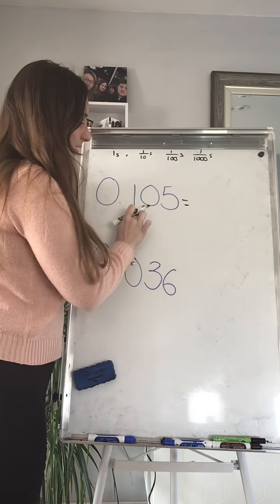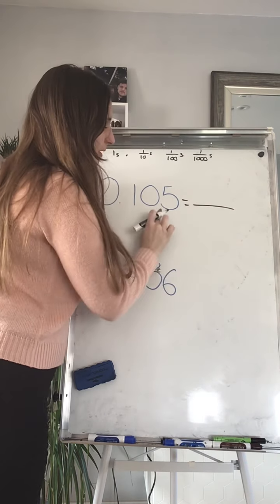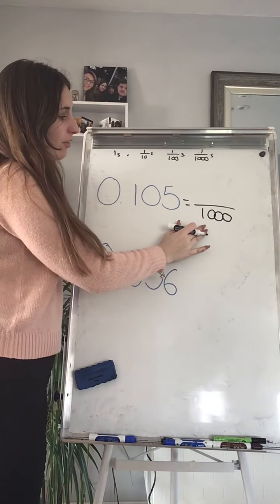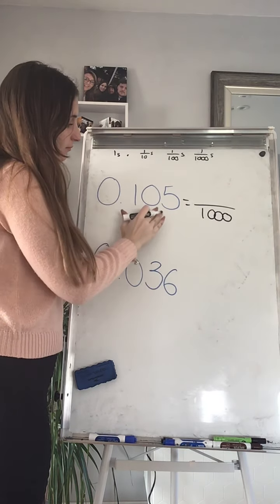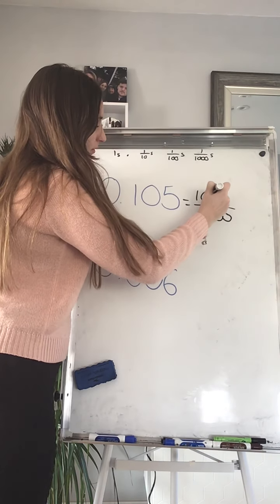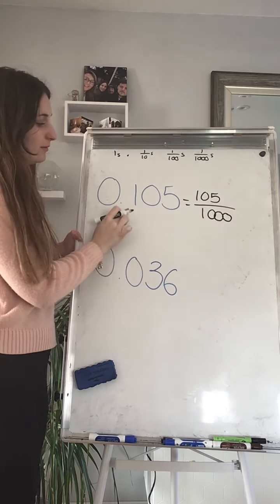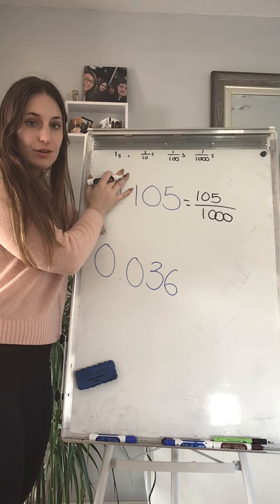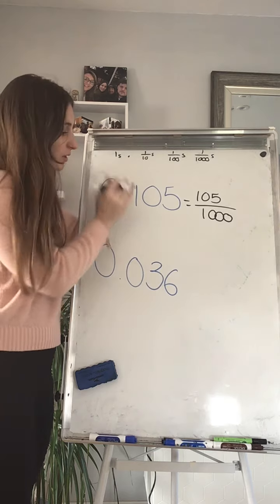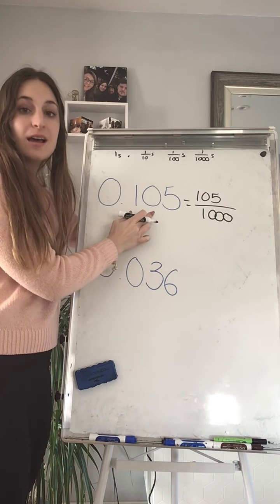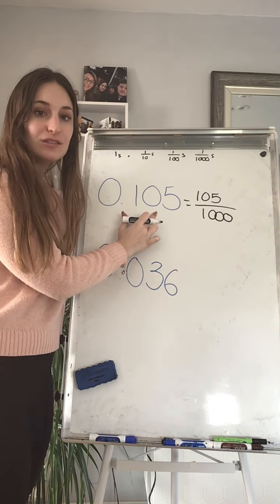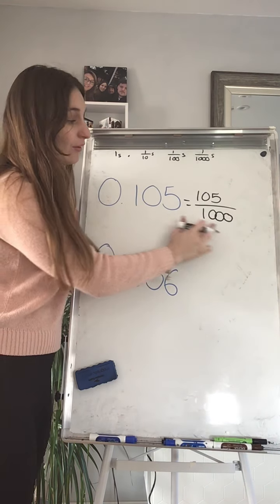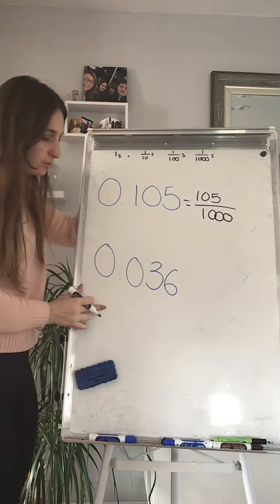That means that I have 3 decimal places, then I need 3 zeros out of 1000, and then I get 105 thousandths. I know that is 105, but it's not hundreds because that's my tenths, that's my hundredths, that's my thousandths. So 105 thousandths.